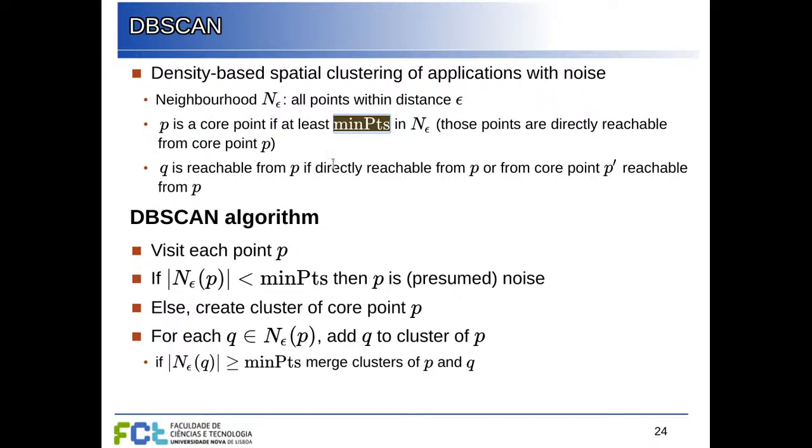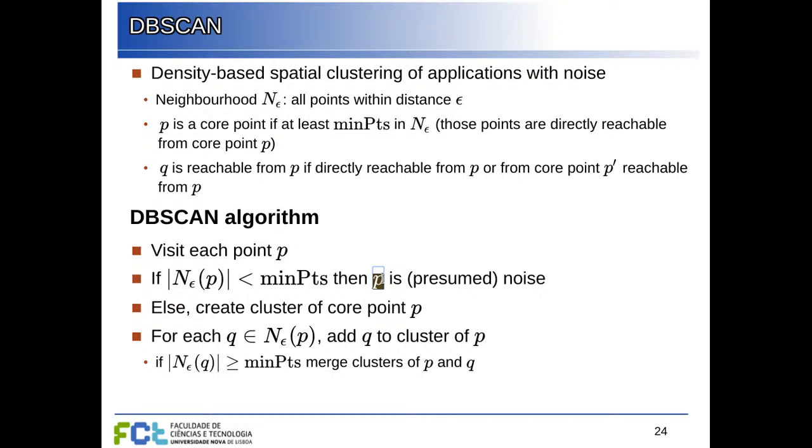And this notion of core points is what is going to determine the clusters, because now the algorithm consists of visiting each point and counting the number of neighbors within the epsilon distance of each point P. And there are two options here. One is that the number of neighbors is below the minimum, and that means P is presumed to be noise.